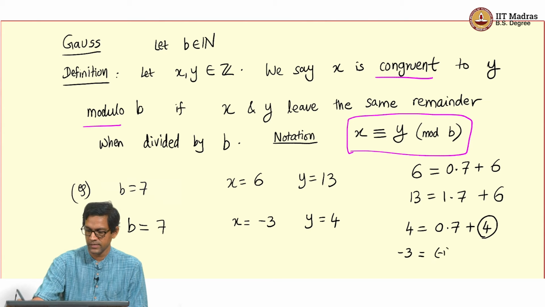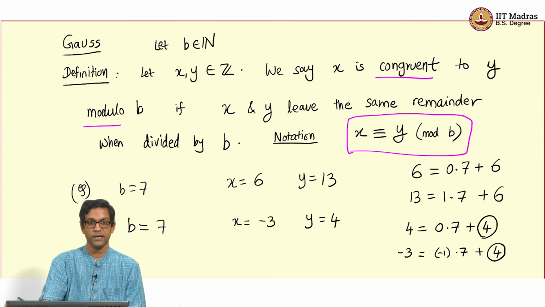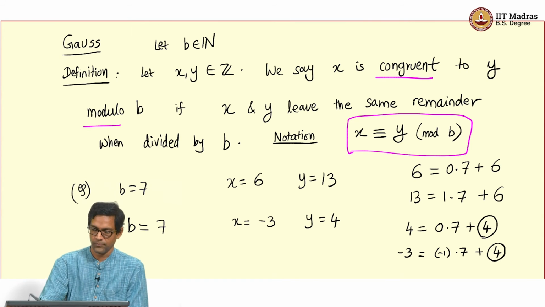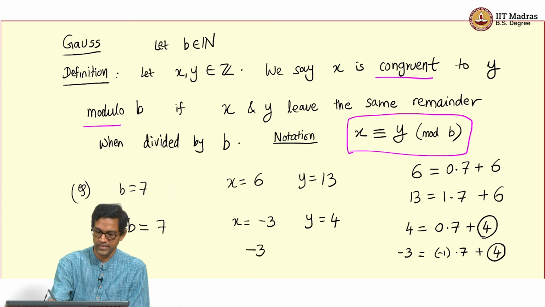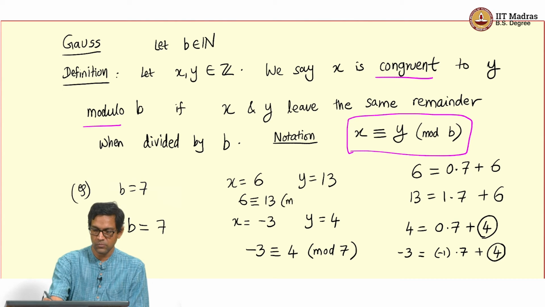Well, the way to do it is this: minus 1 times 7, so that is minus 7, plus 4. So, in fact, the remainder that minus 3 leaves on division by 7 is also the number 4. So we would express this by saying that minus 3 is in fact congruent to 4 mod 7. Okay. Likewise, the earlier example says 6 is congruent to 13 mod 7.